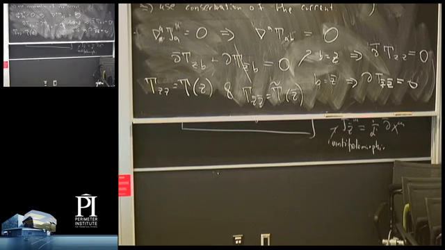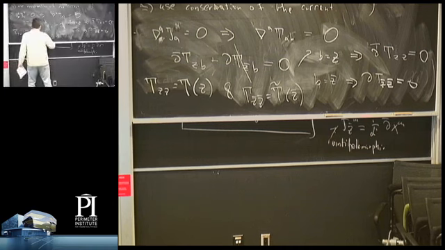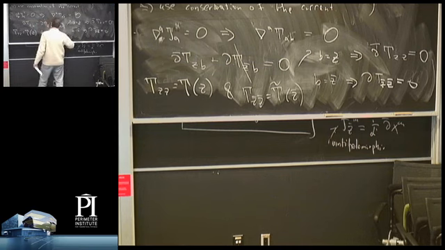So I'm going to drop the indices zz and write it as a holomorphic function. And the other one, T_z̄z̄, is anti-holomorphic. Okay, very good.